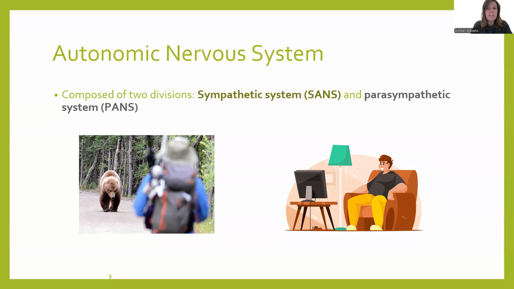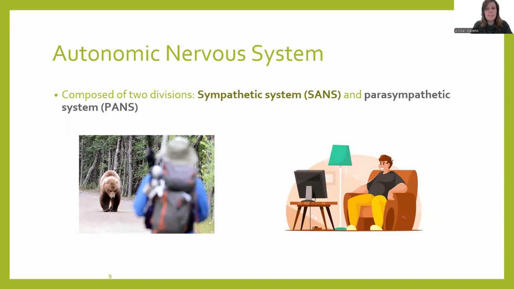So the SANS, or the sympathetic nervous system, mobilizes the body during stress, so fight or flight, right? So you can see the picture, the hiker, he comes across a bear, that's going to activate his fight or flight, or SANS, sympathetic system. The parasympathetic system, or PANS, promotes rest and digestion.